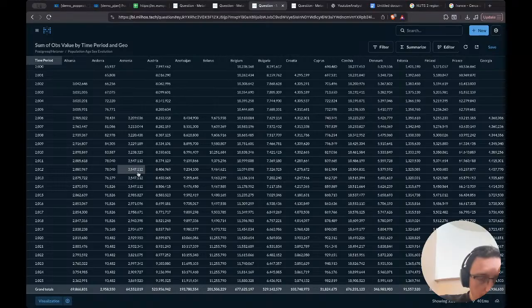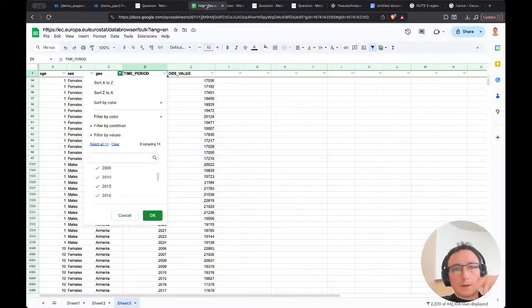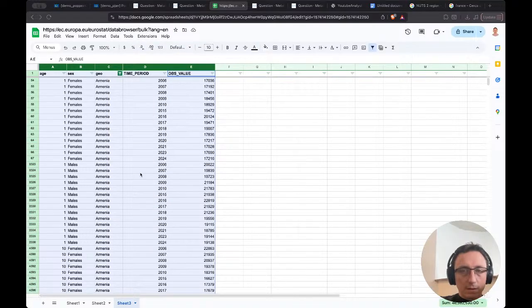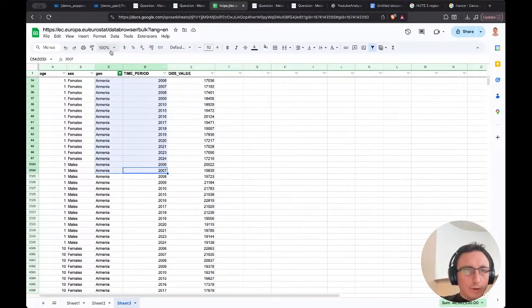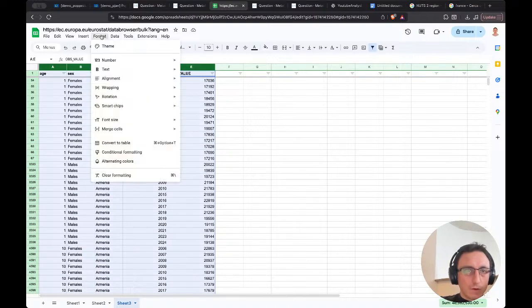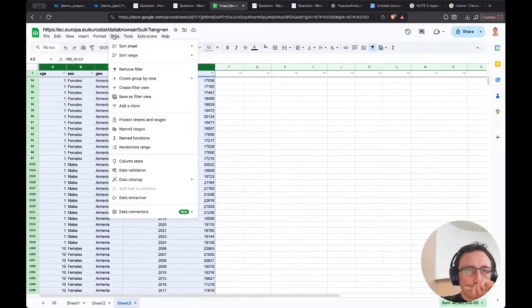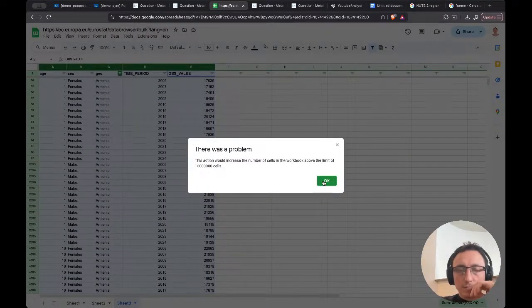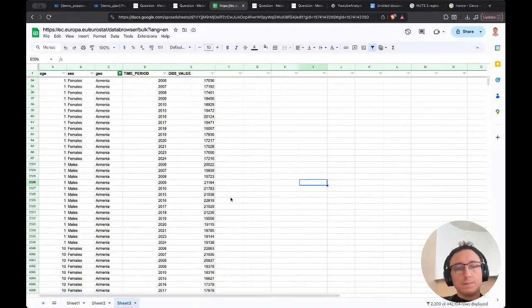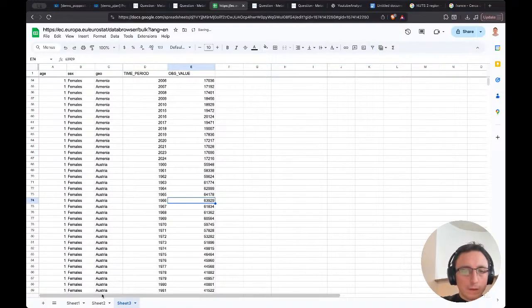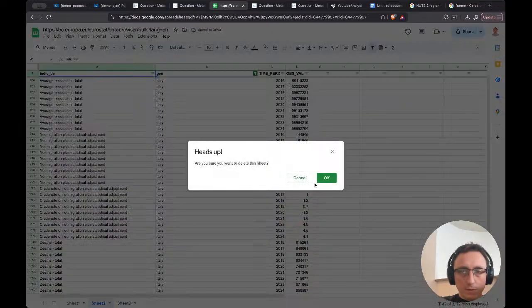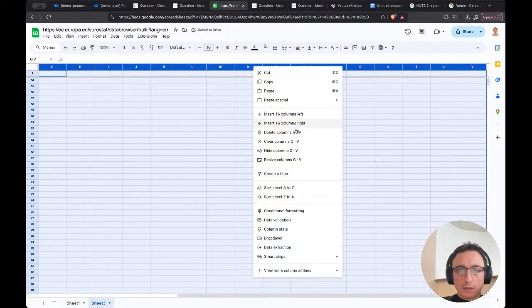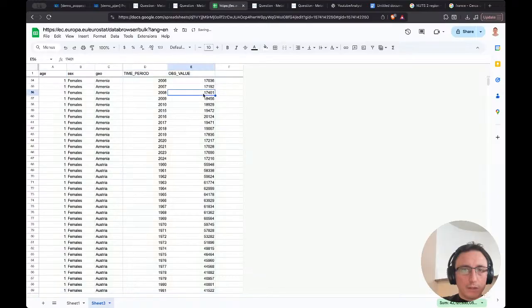As you can see, so for example, let's pivot our original dataset. I think we can remove this one. There are too many cells in this spreadsheet.